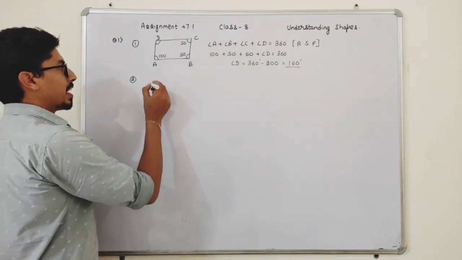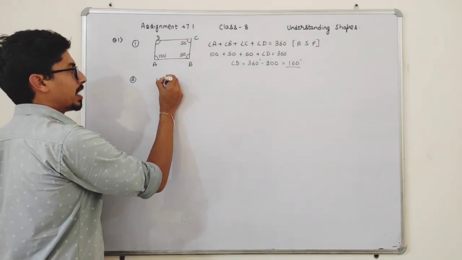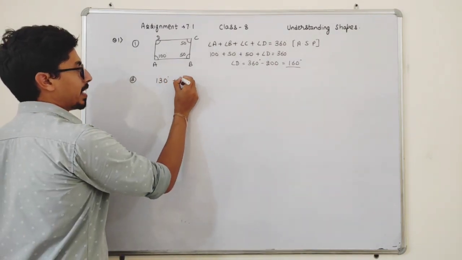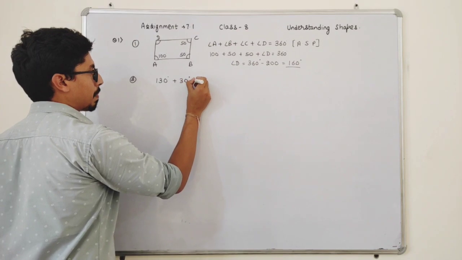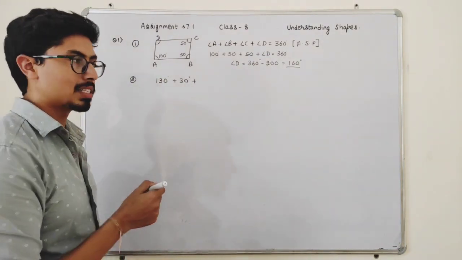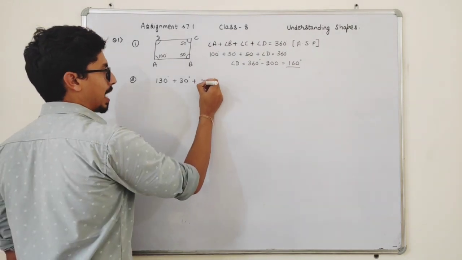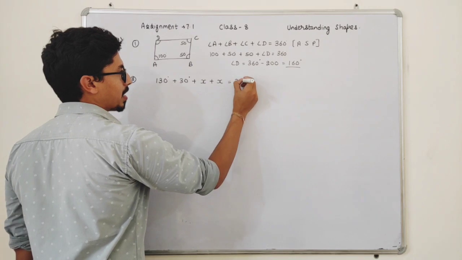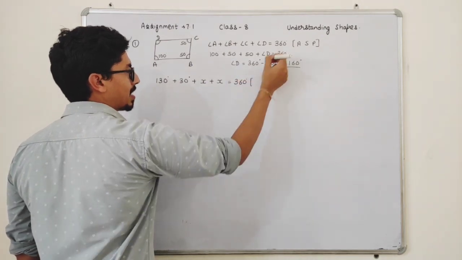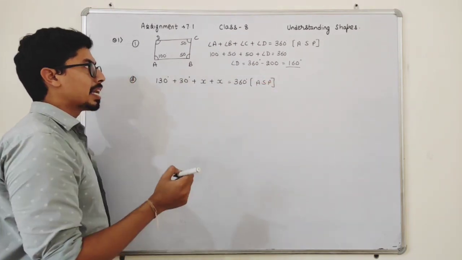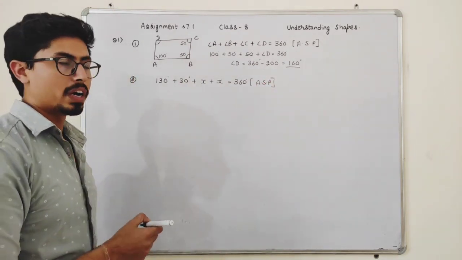So we can say that 130 degrees, the first angle, plus 30 degrees, the second angle, plus the third and fourth angles, which are the same, let them be x and x. So the sum of the four will be 360 degrees. The reason is the same, the angle sum property of a quadrilateral.